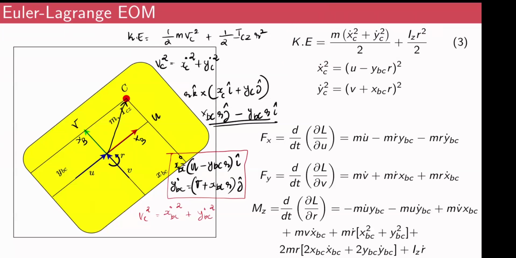And then what about the potential energy? We have defined the Lagrangian to be the difference between kinetic energy and potential energy, and we have described how to derive the kinetic energy. But how do we derive the potential energy? In the case of a mobile robot, you can disregard potential energy because this is a planar robot.